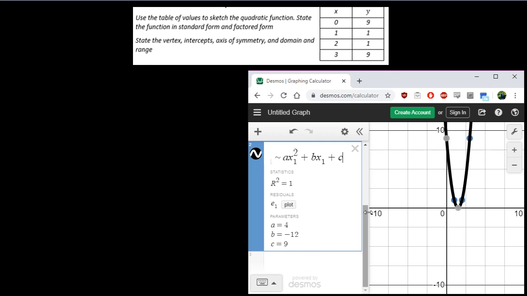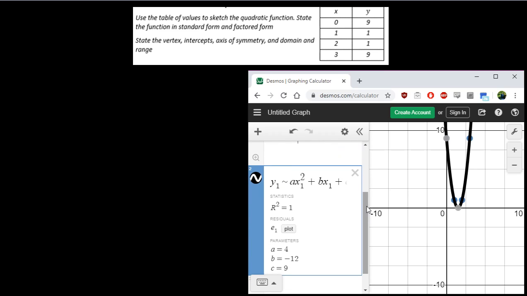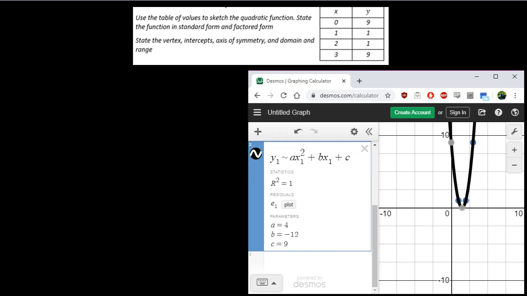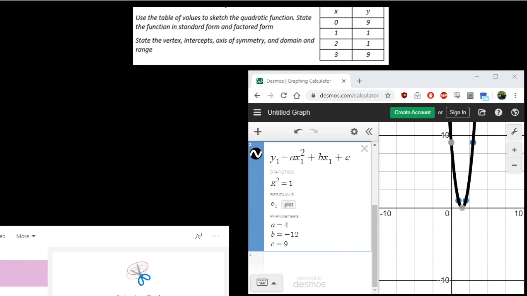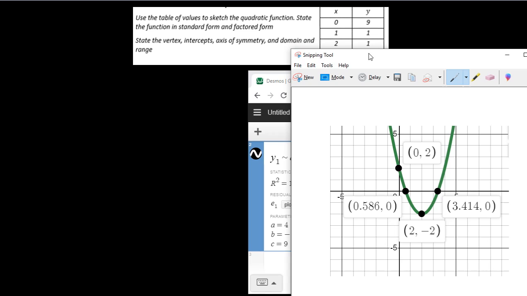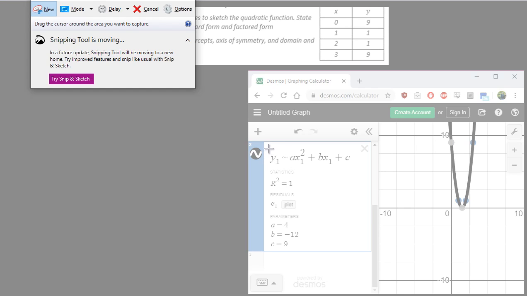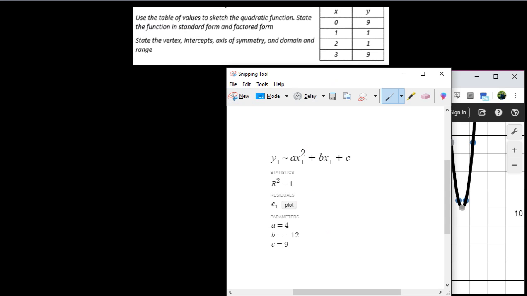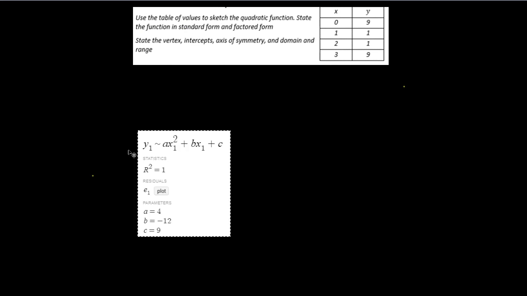So I'm just going to go ahead and make this a little bit larger here. I'm going to take a screenshot of that one and then I'm going to copy that down. So let's take a screenshot of this and we'll put it back into that one. So open up my tools. Let's take this out, and we can take a read of that in a second. Put that back over here.